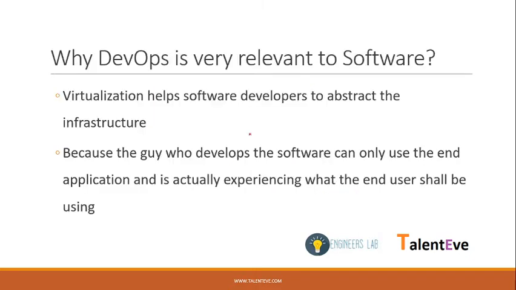Now, why is DevOps very relevant to software? As I was saying in the initial slides, embedded guys should be surprised hearing about DevOps. DevOps is very relevant to software, because software guys can virtualize the things so that they can abstract the end infrastructure. What we mean by this is that suppose a software engineer is working on a project, let us assume he is developing a web page.